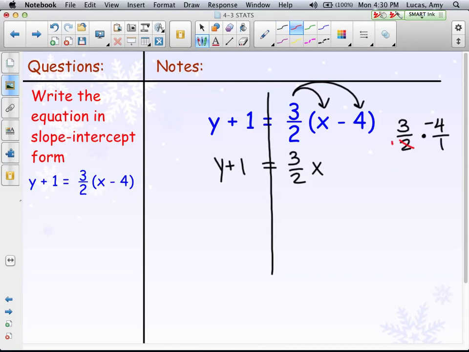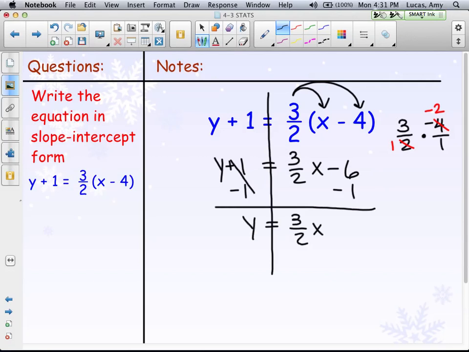So I'm going to reduce this by dividing both of them by 2. So now if I multiply straight across, I'm going to get negative 6. Last step, subtract my 1. So y equals 3 halves x minus 7. Negative 6 minus 1 is negative 7.